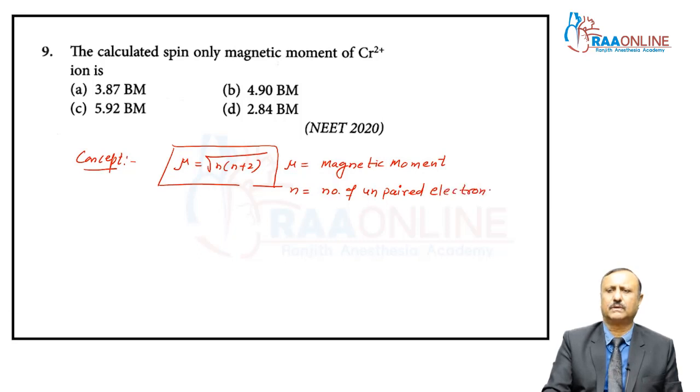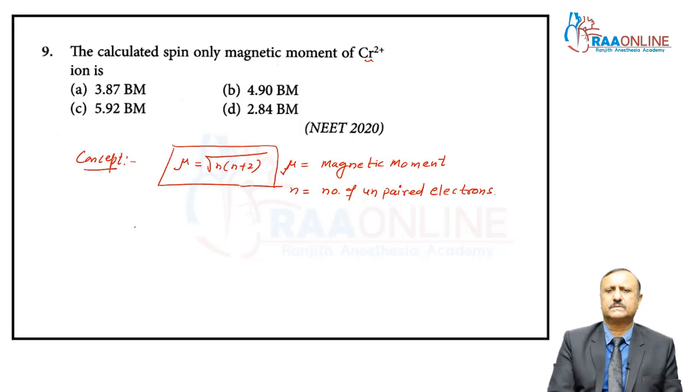Here mu is equal to magnetic moment, and n is equal to number of unpaired electrons. So, my dear students, you can calculate the number of unpaired electrons for chromium.